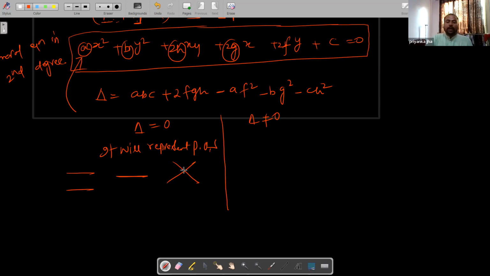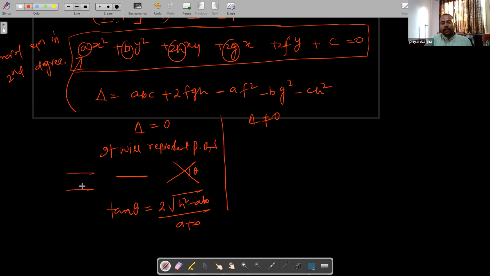Now, see, if theta is the angle between the pair of straight lines, I'll prove that going forward as well. Don't worry. So, if theta is the angle between them, tan theta is 2 times under root h square minus ab upon a plus b. I'll prove it. Don't worry. Right now, I'm just telling you the fact. This is how we find the angle between pair of straight lines.